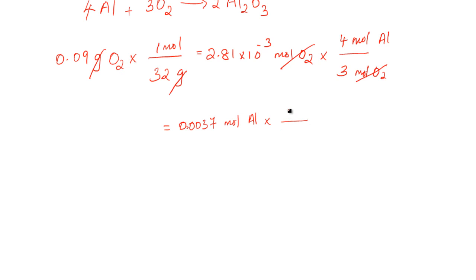What is the molar mass of aluminum? I don't know. Look at the periodic table. 26 point something. What is it? 26.98 grams per mole. So what mass of aluminum is required?